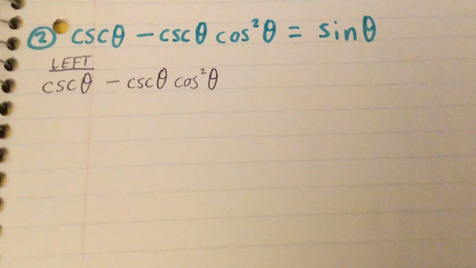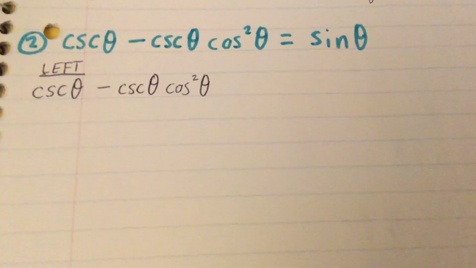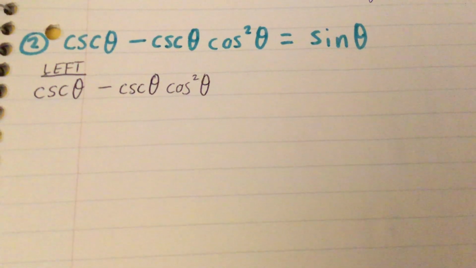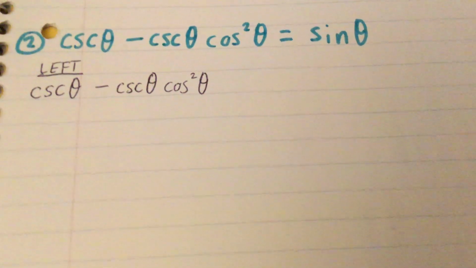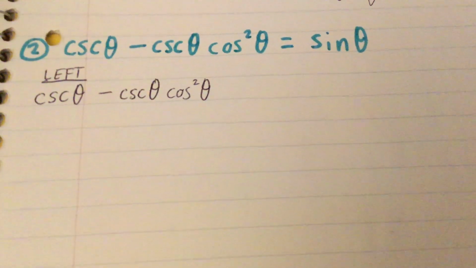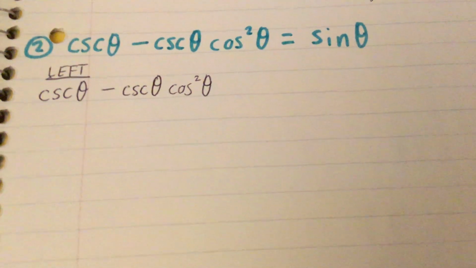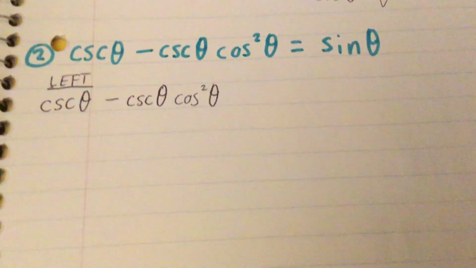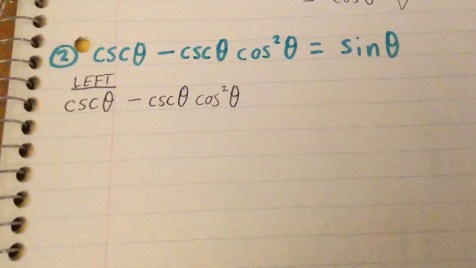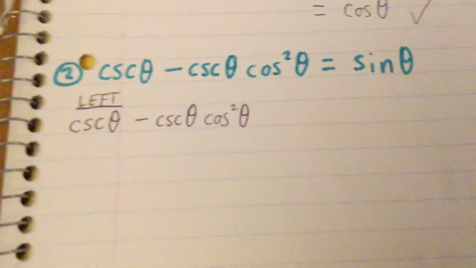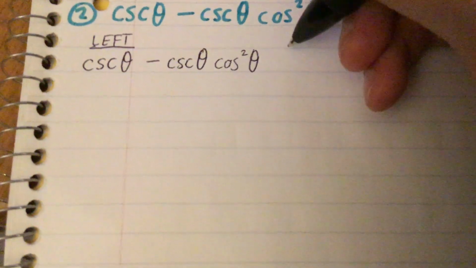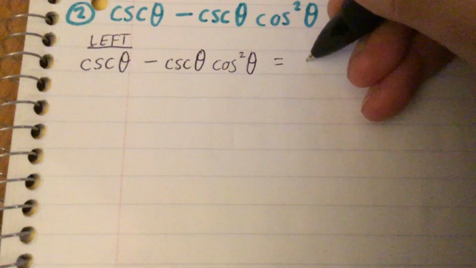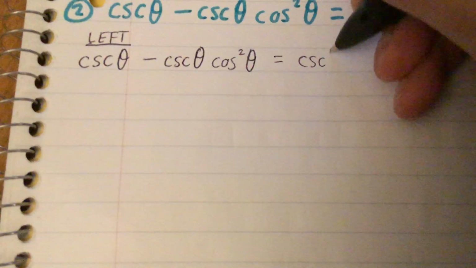Very similar. So if we've got cosecant of theta minus cosecant of theta cosine squared of theta is equal to sine of theta, how do I prove beyond a shadow of a doubt that the left side is equal to the right side? Well, just like the first problem, they both have a GCF, the greatest common factor of cosecant of theta. So I'm going to factor out cosecant of theta.